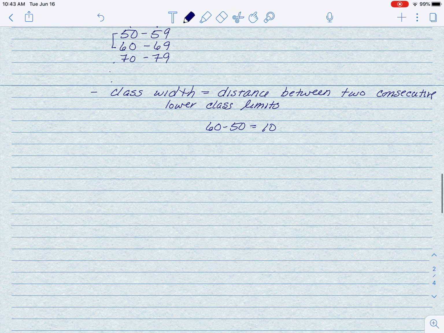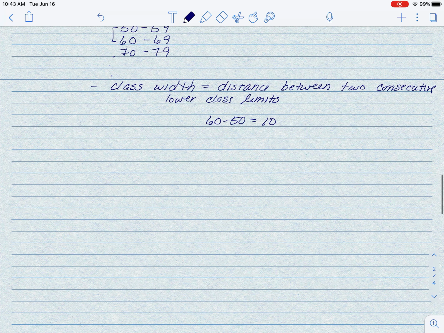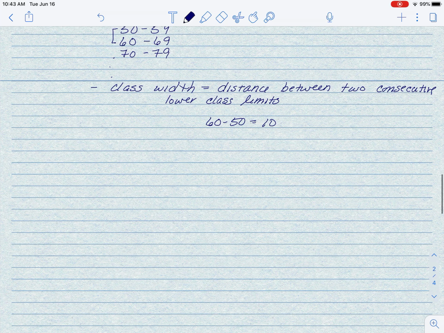Preferably, but not absolutely necessary, the class width would be an odd number. In this case, for example, it's not.